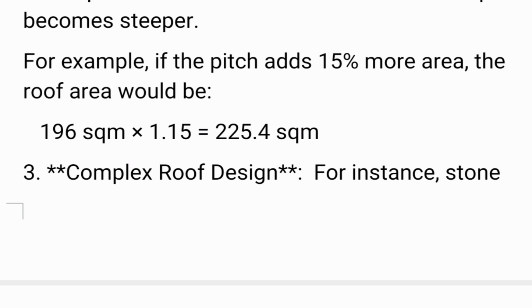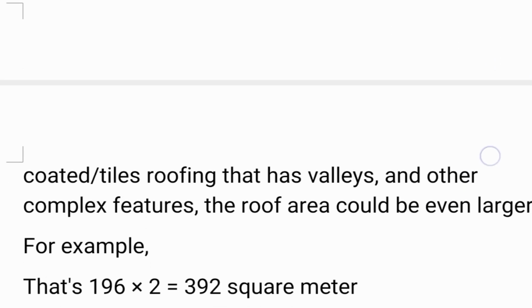Then if it's a complex roof design, for instance this stone tiles roofing style that has valleys and other complex features, the roof area could be even larger than that of the hip roof.